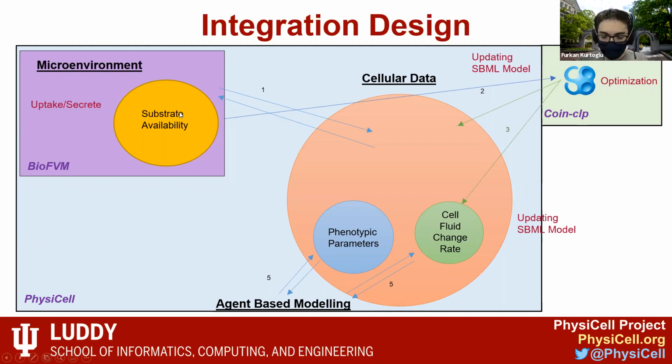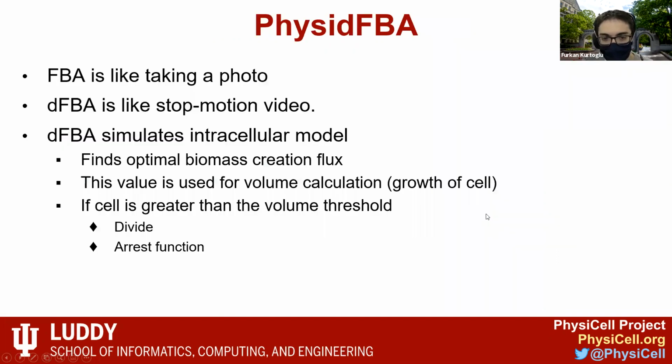And then they are putting those constraints and making an optimization to find the best reaction flux set, and then finding a biomass growth rate. That growth rate is used in the volume calculation for growth of the cell.